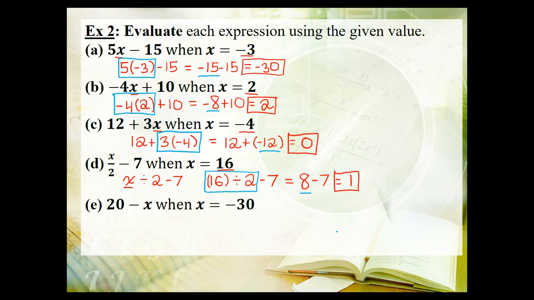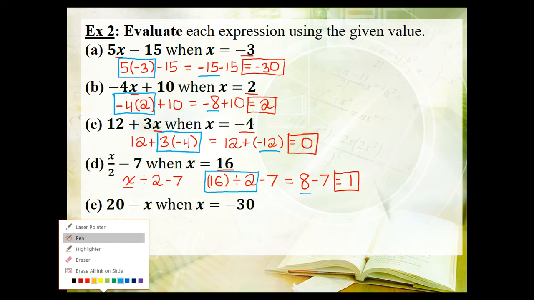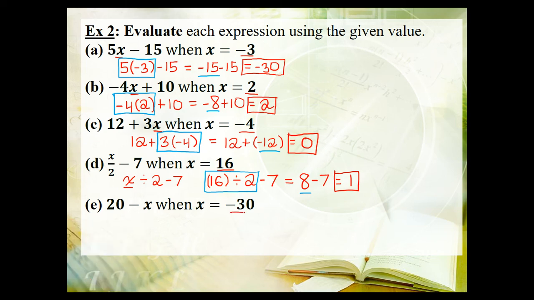Okay, final one. I have 20 minus x. So we're going to take the negative 30 and replace x with it. So this would be 20 subtract negative 30.